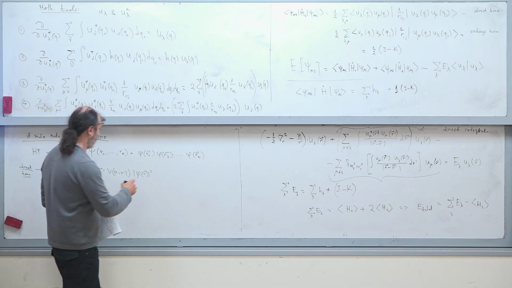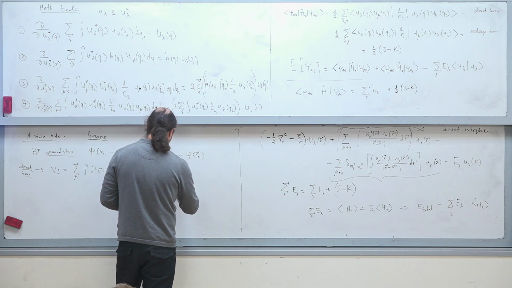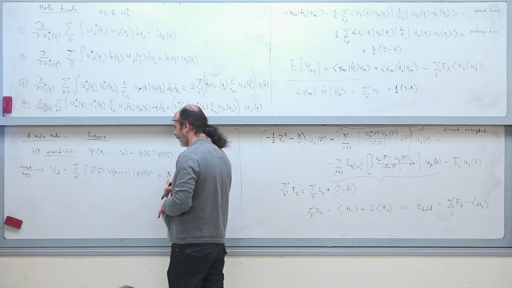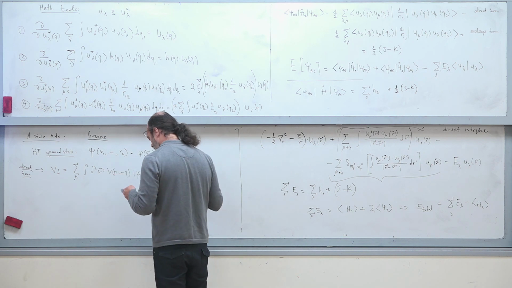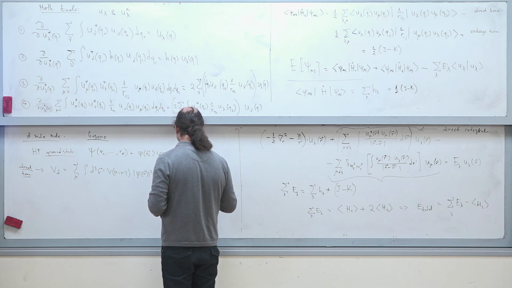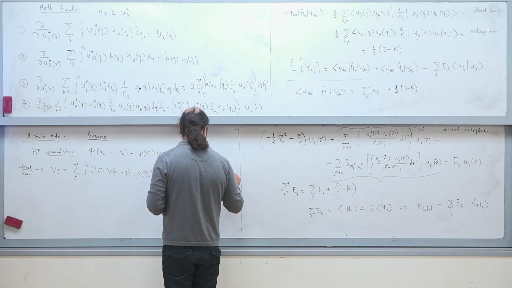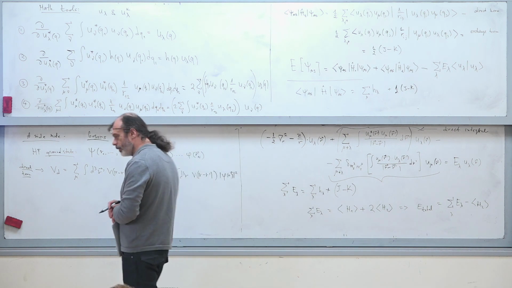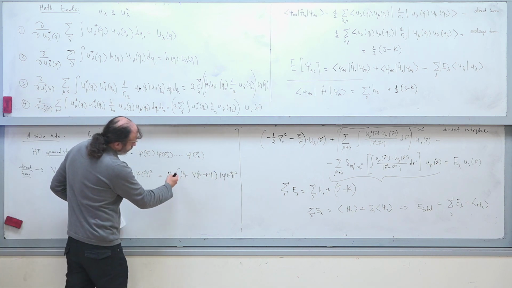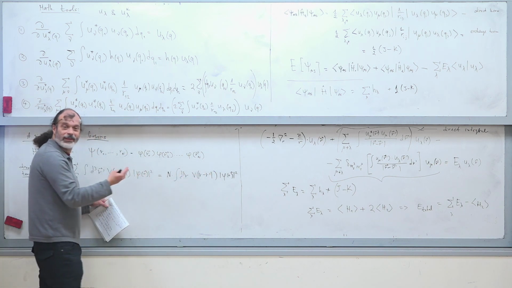So we can just write the number of bosons in the system multiplied by the whole integral over space with this potential v of r minus r prime and phi of r prime to the second power.